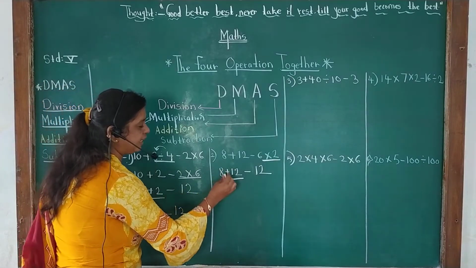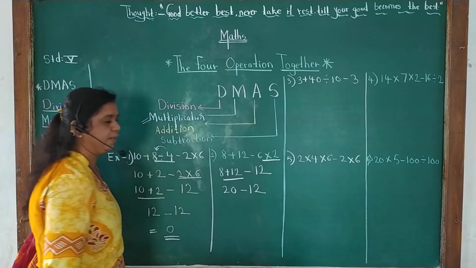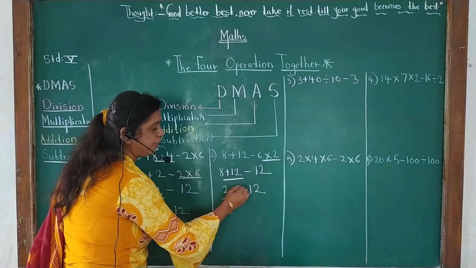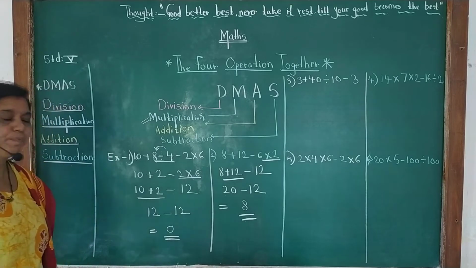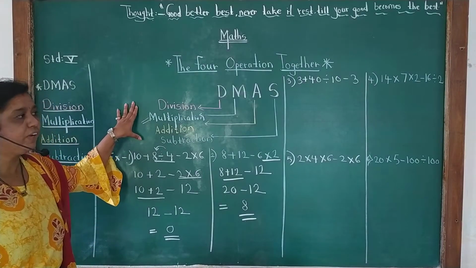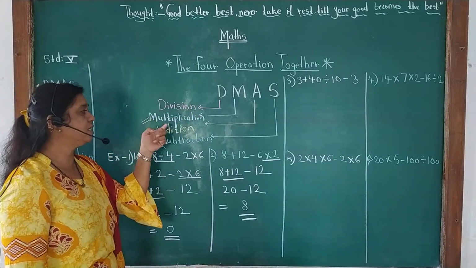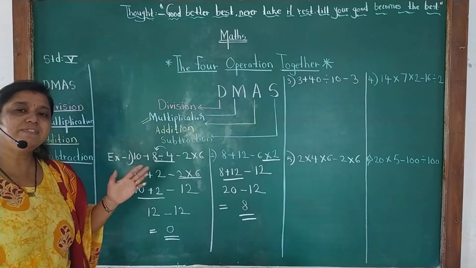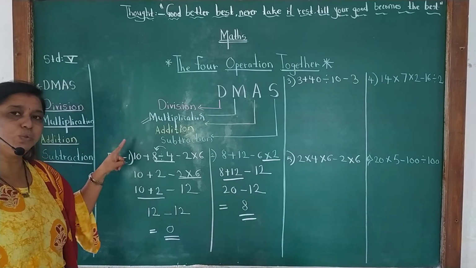So 12 plus 8 is 20, minus 12. Here the last is subtraction. 20 minus 12 is 8. So this is your answer. Understood? This rule is very important while you are doing such types of operations. If you do first addition, then multiplication, then division, then subtraction, your answer will be totally wrong. So you have to follow this rule only.